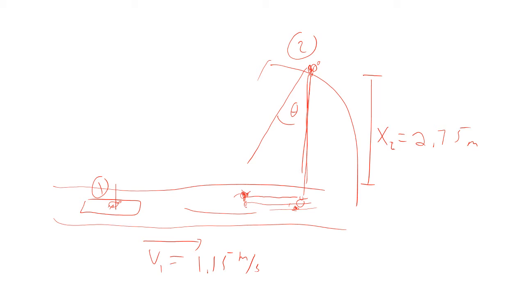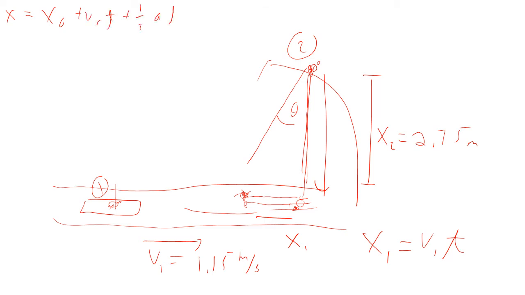So this moves some distance x while that's falling. Well, how far does it move? x1 is going to be v1 times t. We're assuming it's going at constant velocity. So we know that x equals x naught plus v naught t plus 1/2 a t squared. At constant velocity, the acceleration is 0.